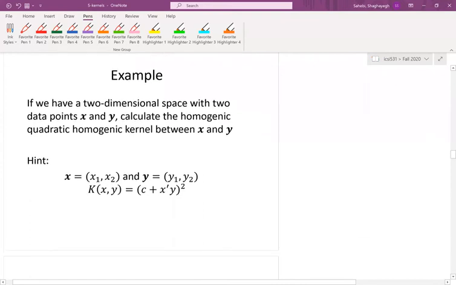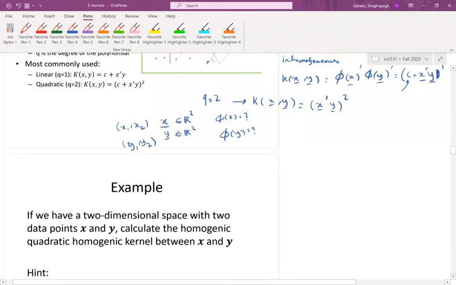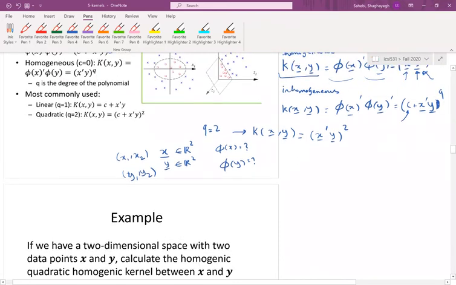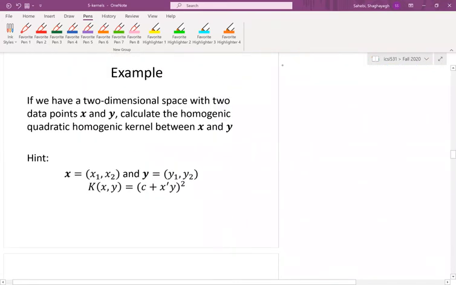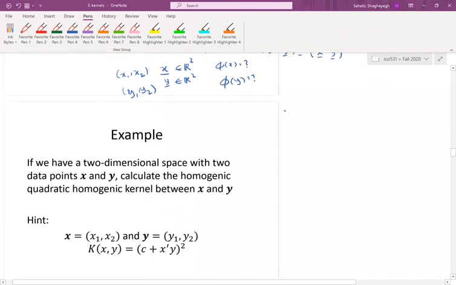If we have a two-dimensional space, this is the example that we had, with data points X and Y, we want to calculate the homogeneous quadratic kernel between X and Y. So let's see, first of all, what is the value of this kernel going to be? Again, our X is two-dimensional. So X is X1, X2, sorry.